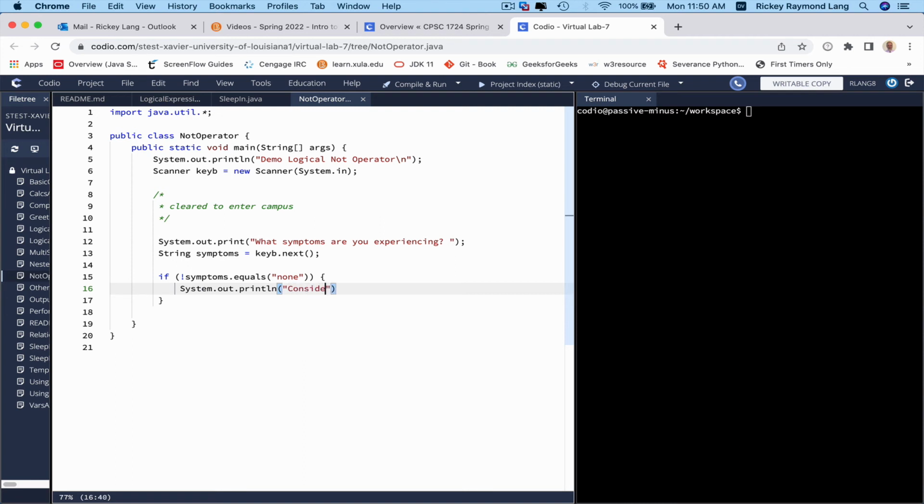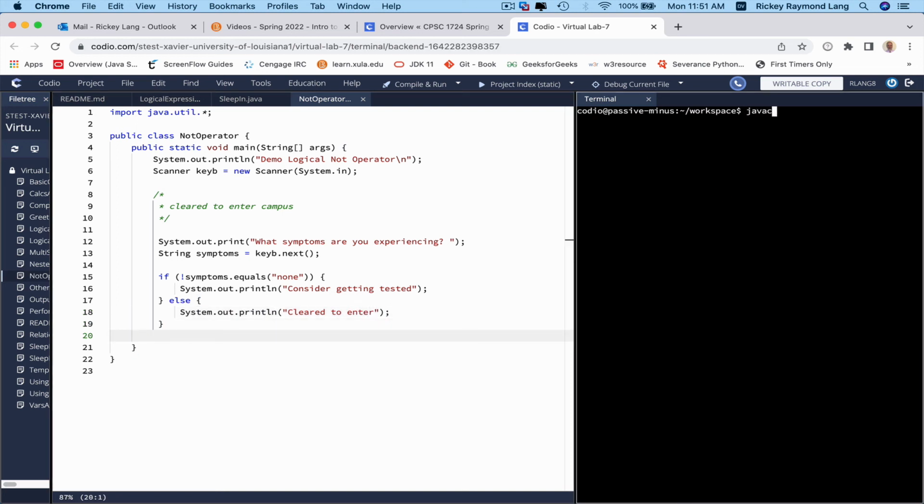We'll say consider getting tested. Else, cleared to enter.